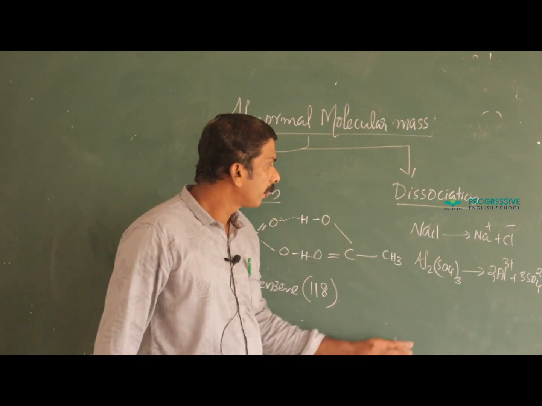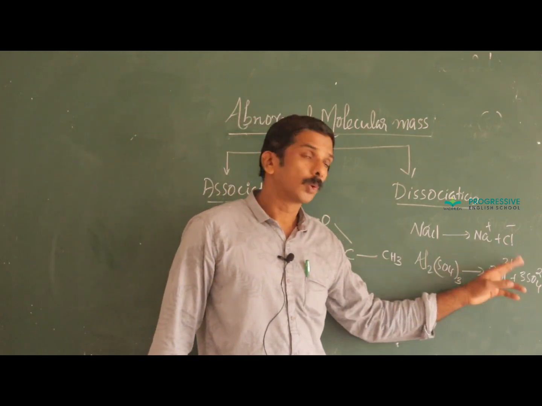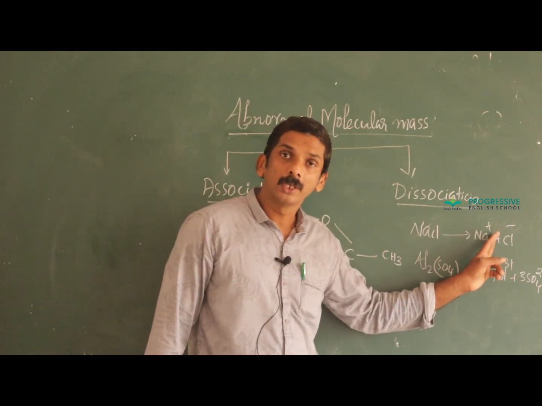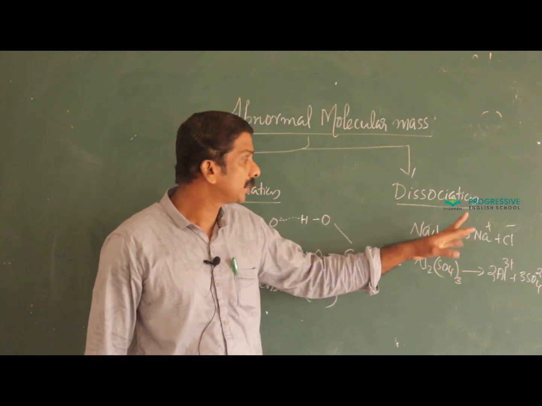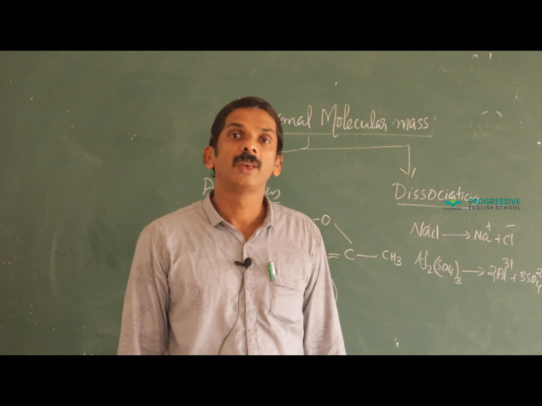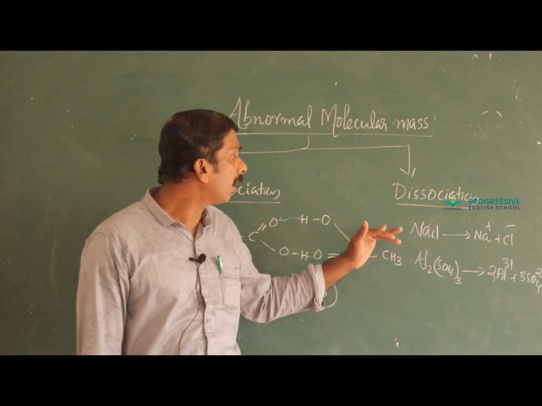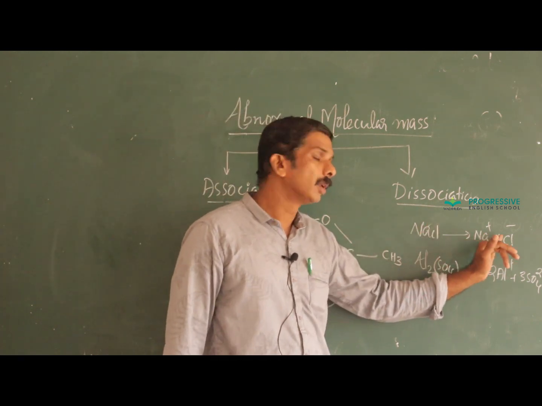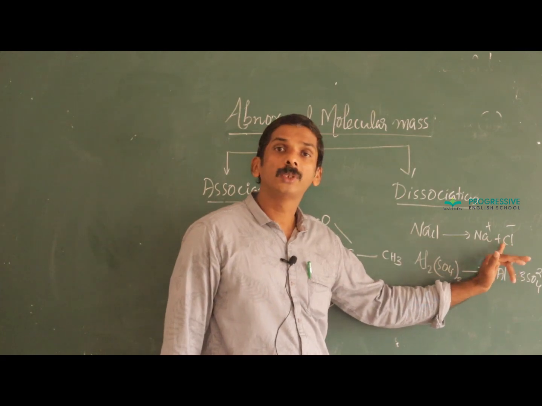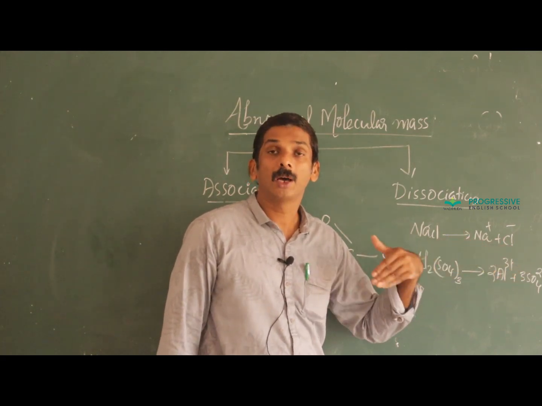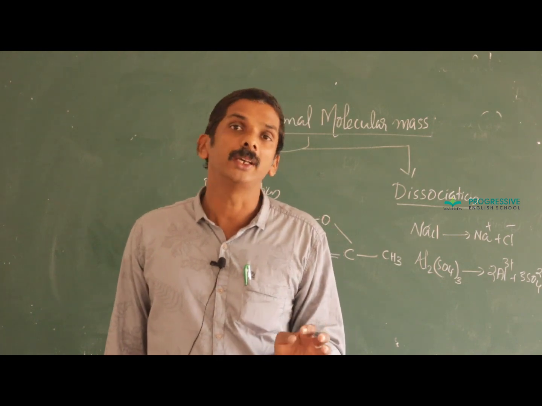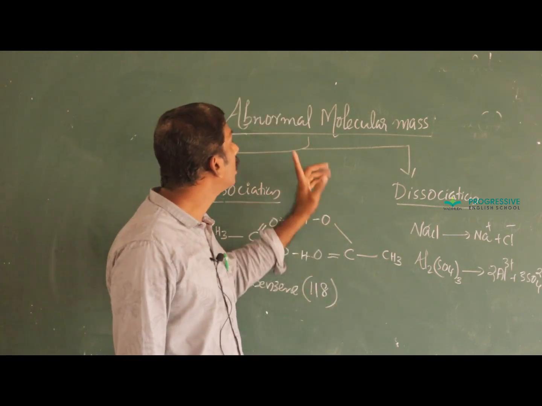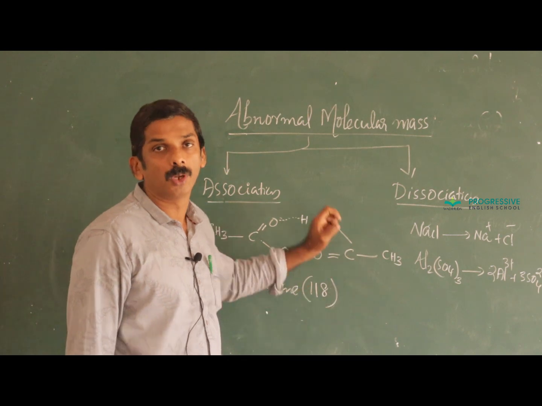It gives 5 ions. Sodium chloride gives 2 ions. Barium chloride gives 3 ions, Ba2+ and 2Cl-, etc. That is, a single molecule gives more than one ion in solution. As the number of ions increases, the colligative property also increases, and finally that leads to abnormal molecular mass.